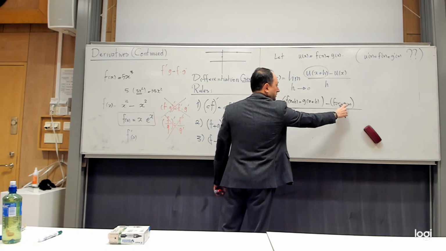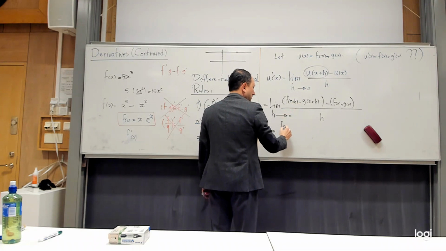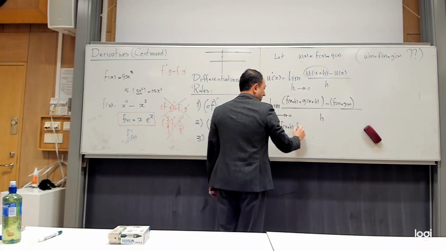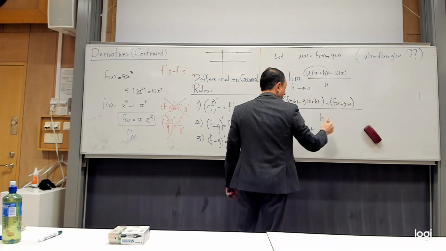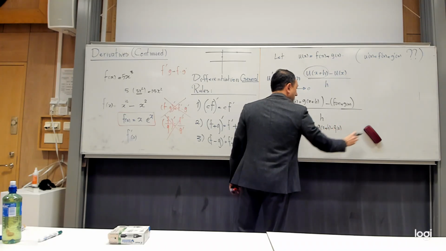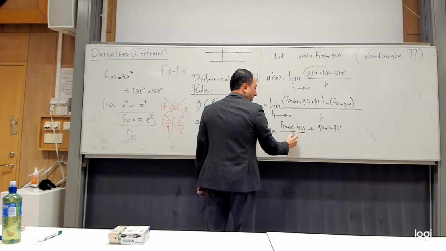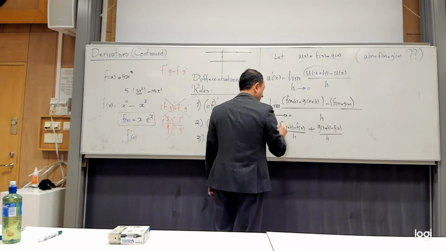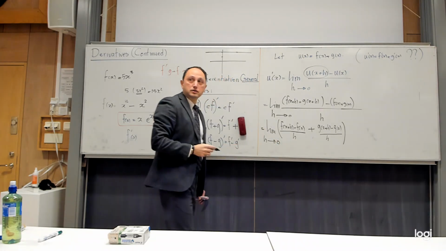I will take minus f of x and write it next to this one. And then plus, I will take this one and write it next to this one. And I am supposed to divide it by h, but I can divide this one and this one separately. Is that understandable?